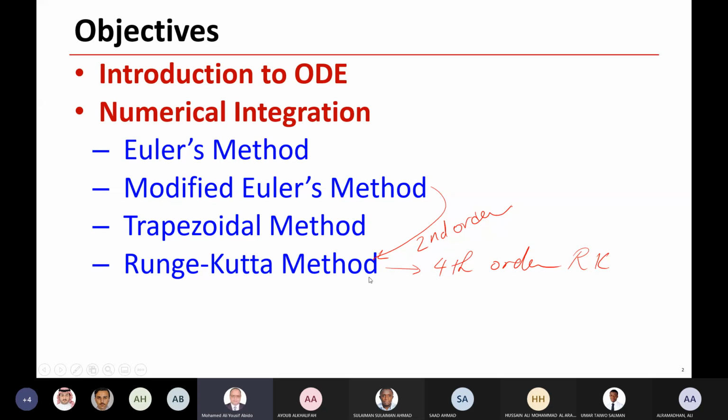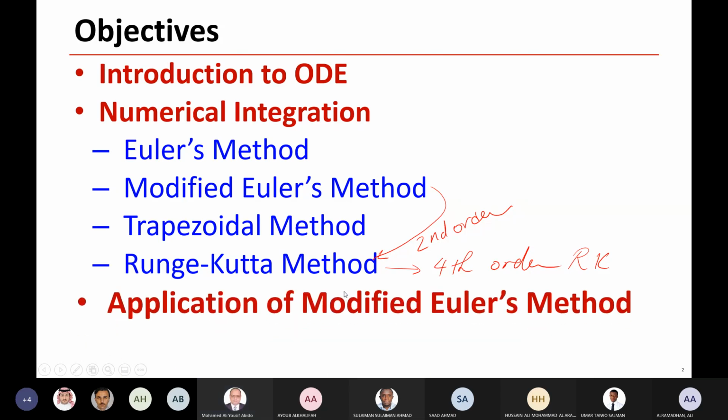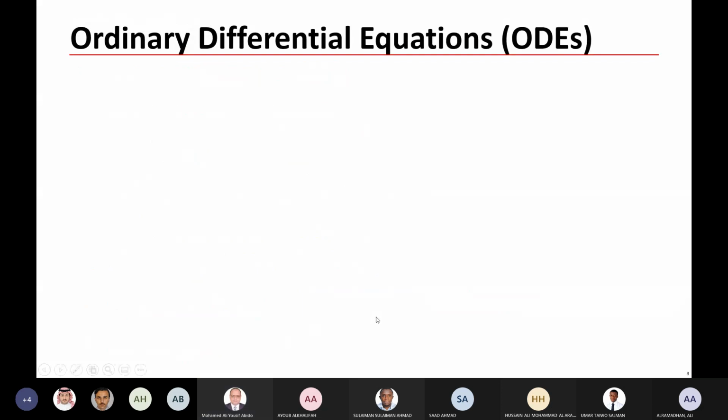So we will see the fourth order Runge-Kutta method, where you have 4 approximations to calculate the derivative. And we will see an example for modified Euler method, how to implement it. And also we will see an example with the trapezoidal method implementation.